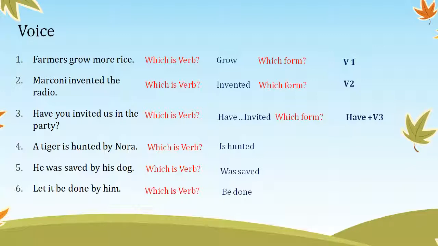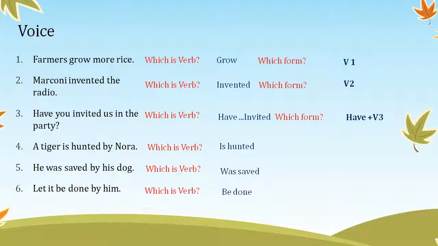You must keep in your mind the have verbs. They are has, have, had. Again I'm telling you: has, have, had. So these have verbs always take the B3 form. Try to understand.